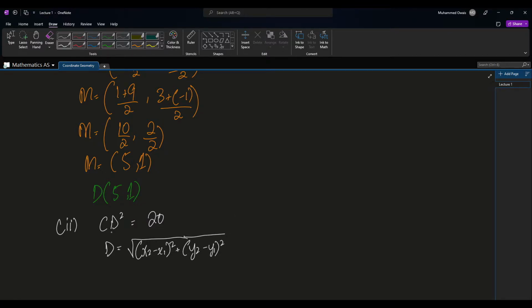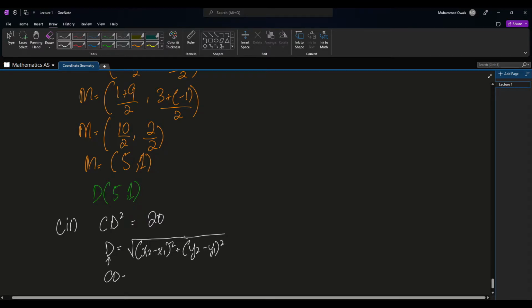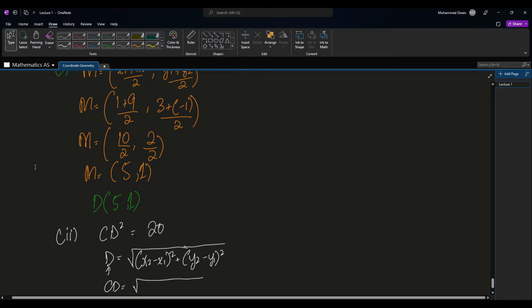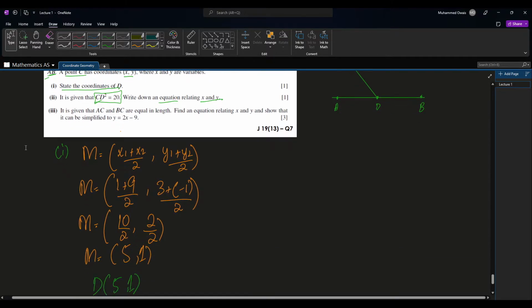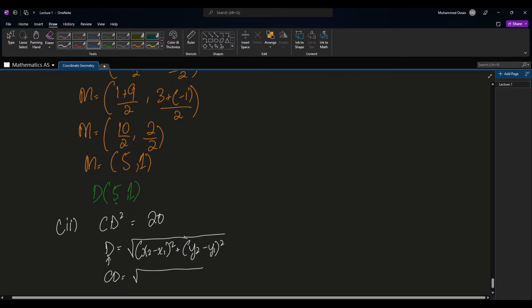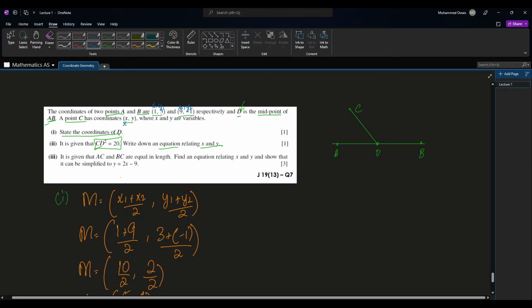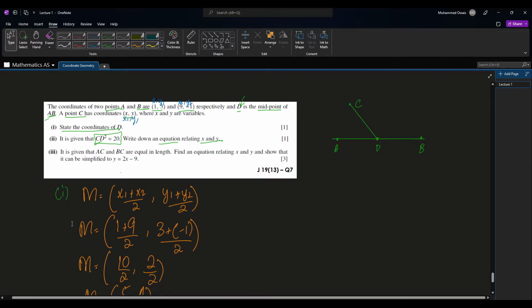And now I can write this as CD, and let us plug in the x2, x1, y2, y1 values. Now then, I can say that the coordinates of D, which we just found, were 5, 1, can be x2, y2. Alright, and then the coordinates of C can be x1 and y1.